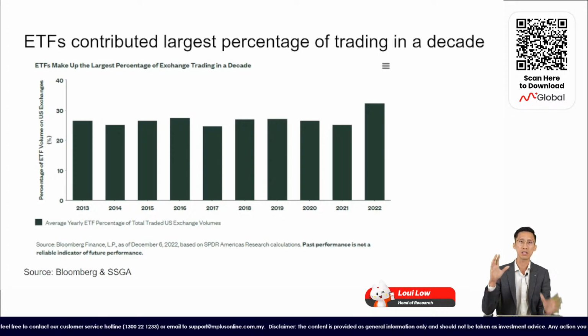Basically, in the stock exchange, let's say you have a trading volume of 100, perhaps 32 shares are traded within the ETFs itself. So that is the idea here. A lot more people are taking advantage or taking an opportunity within the ETFs.